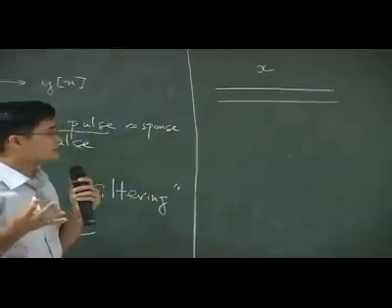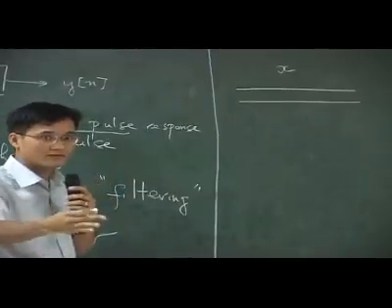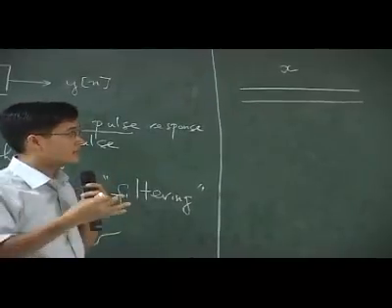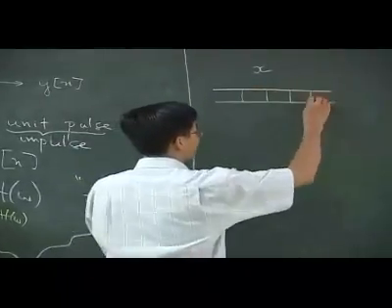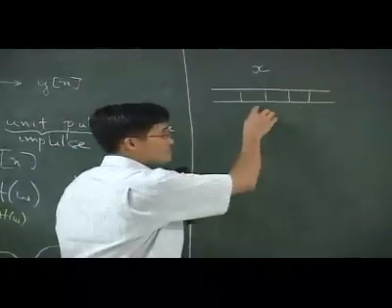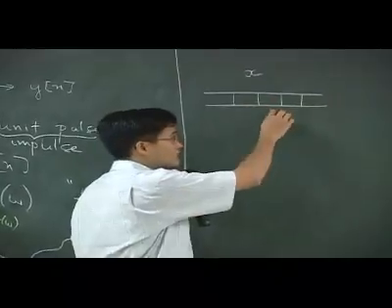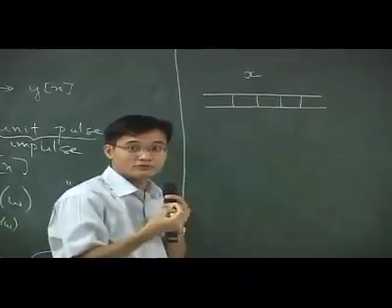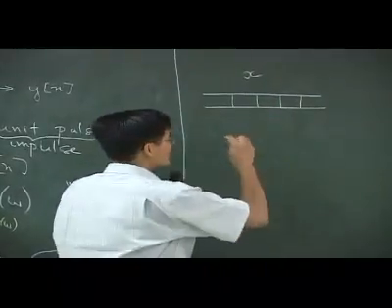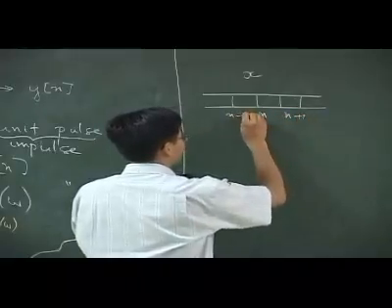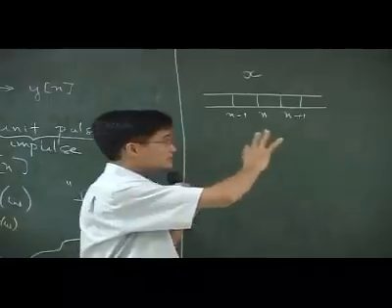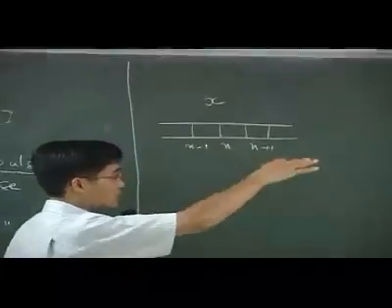Like in the MATLAB exercise we did, we create a variable, just like a vector. So the signal x is simply having these memory locations. Each of them contains a sample of the signal, right? So for example, n plus 1, n minus 1, and so on. So each of these is just a location.